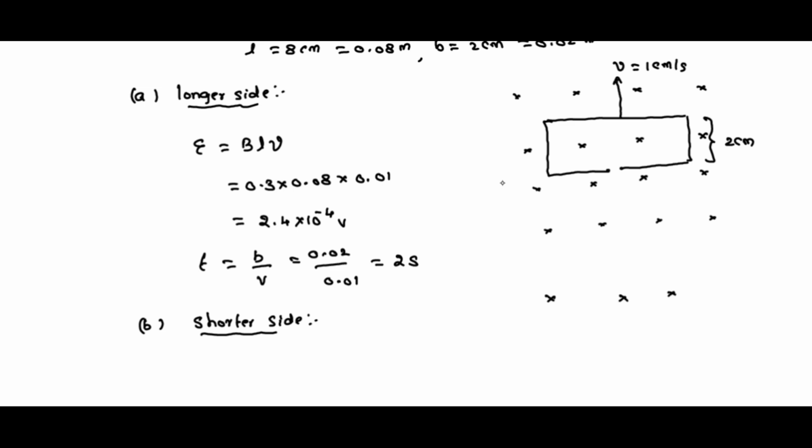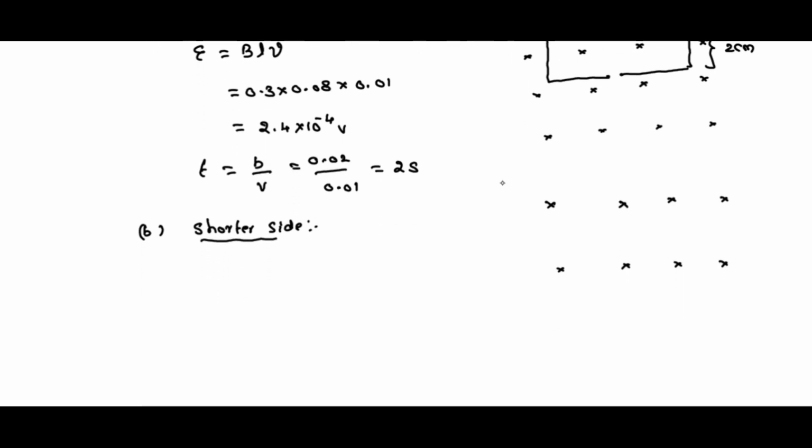This is the magnetic field into the plane, and it is moving out with velocity 1 centimeter per second.